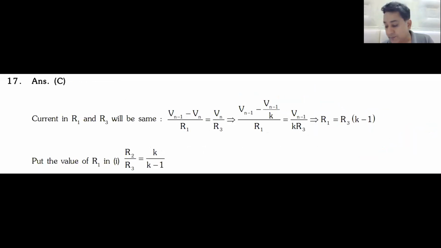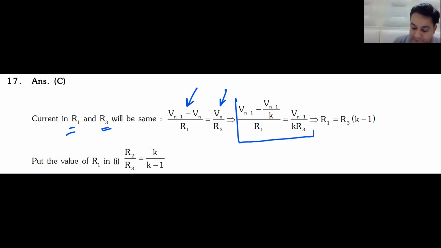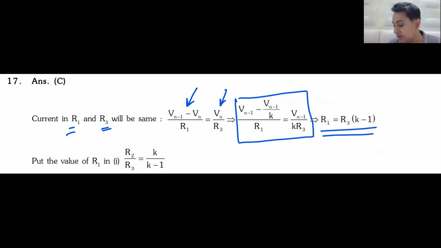You can have a look at the solution also. The current in both the branches would be the same. This is the first current, this is the second current. They both would be the same. So R1 becomes R3 into K minus 1. You already know the value of R1 in terms of R2.